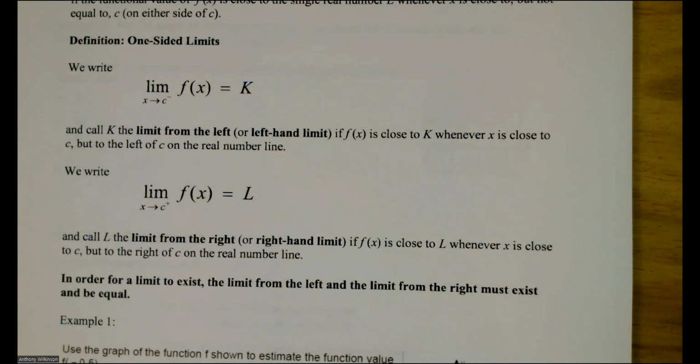And this is going to be very important here. So in order for a limit to exist, the limit from the left and the limit from the right must exist and be equal.